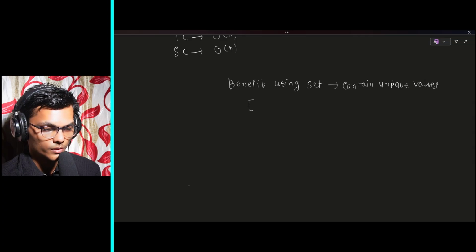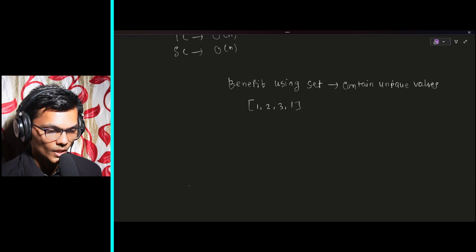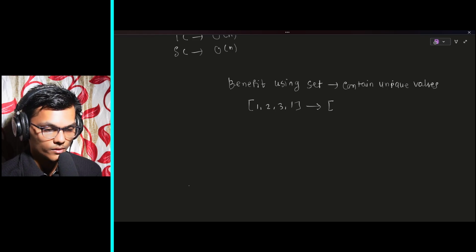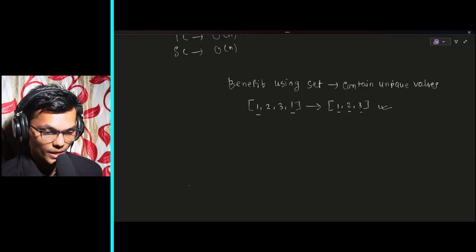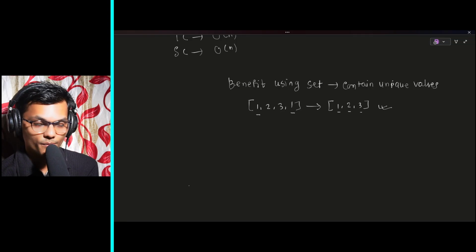So this is our array, right? And if we put all this array in the set, our set will look like this. It will ignore all the duplicate values. It will contain only unique values. This is the benefit, or what we can say an advantage, of using set.